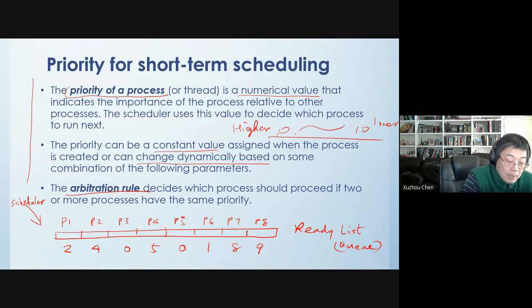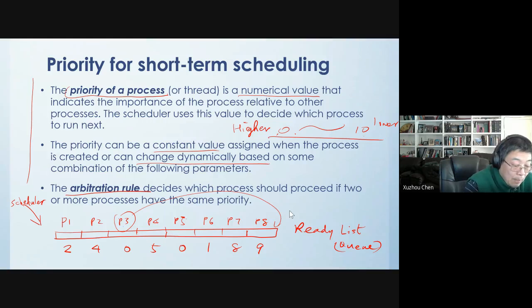In this case, an arbitration rule decides which process should proceed if two or more processes have the same priority. One approach is to randomly pick a process, like process 3. You go and run. Once process 3 finishes its job, it will be put back in the ready list.